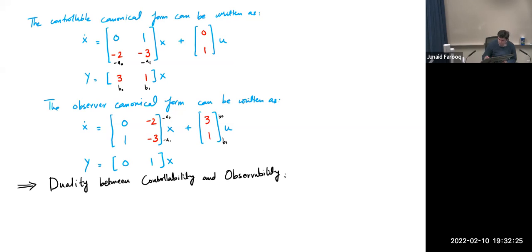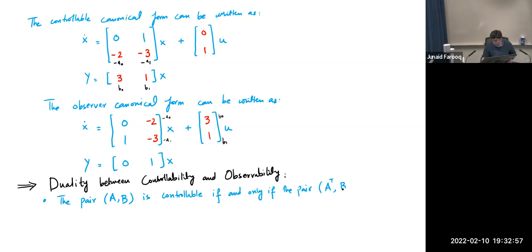So the duality property says that the pair A, B is controllable if and only if the pair A transpose, B transpose is observable.